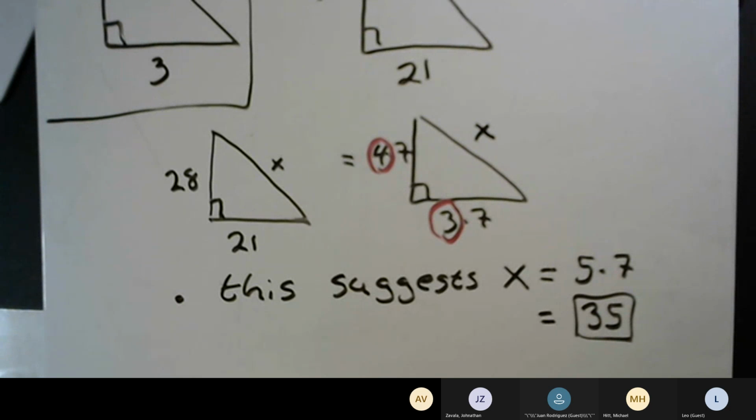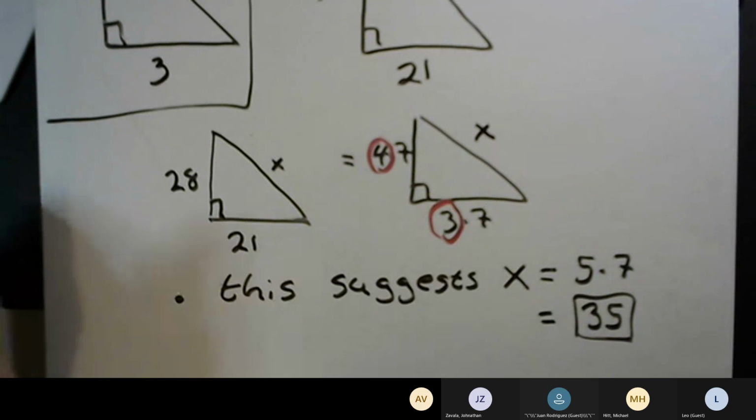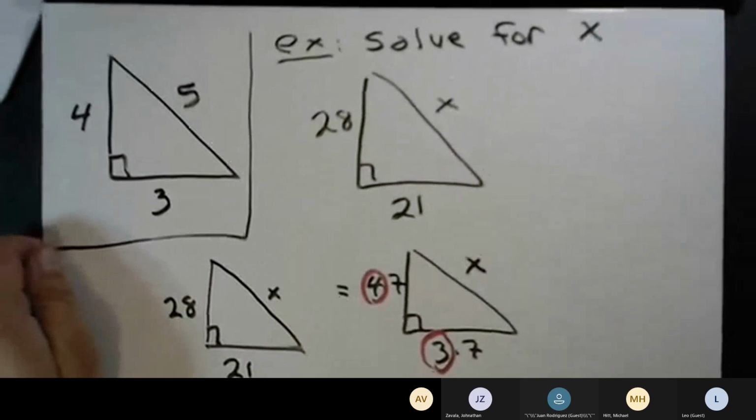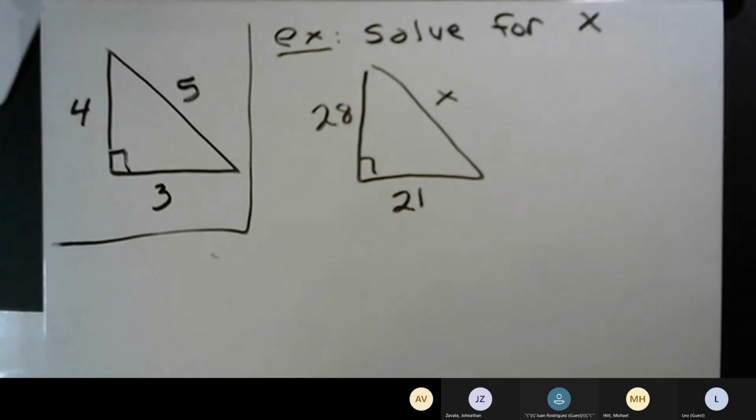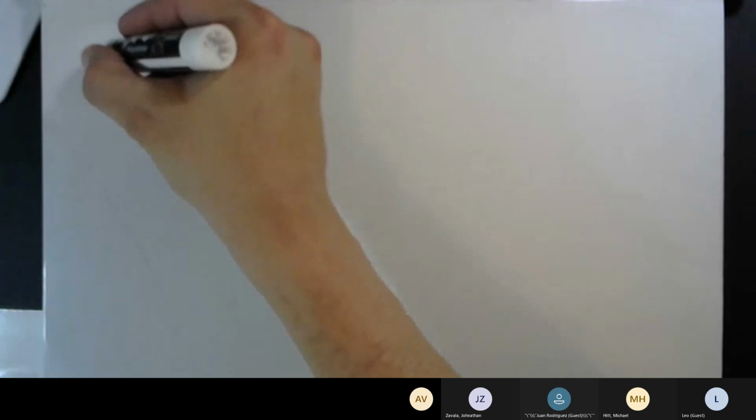So the last thing I'm going to mention, and we're going to do a little bit of 10.2 tonight. We might go a few minutes over. So we're going to get to ratios.